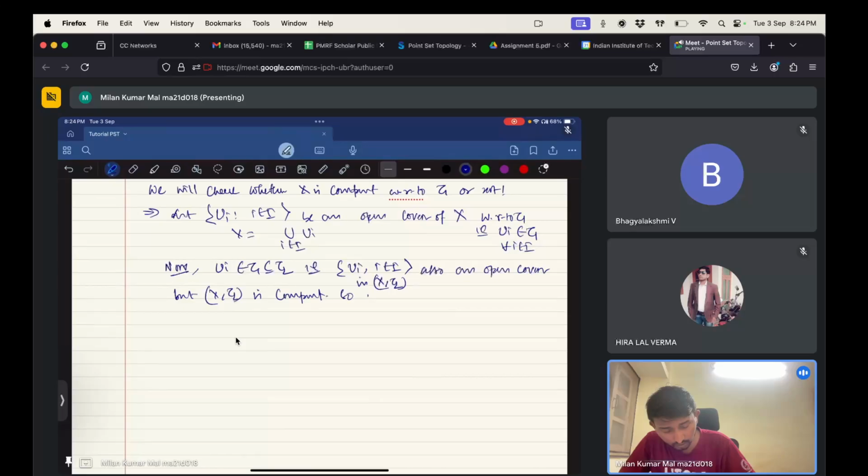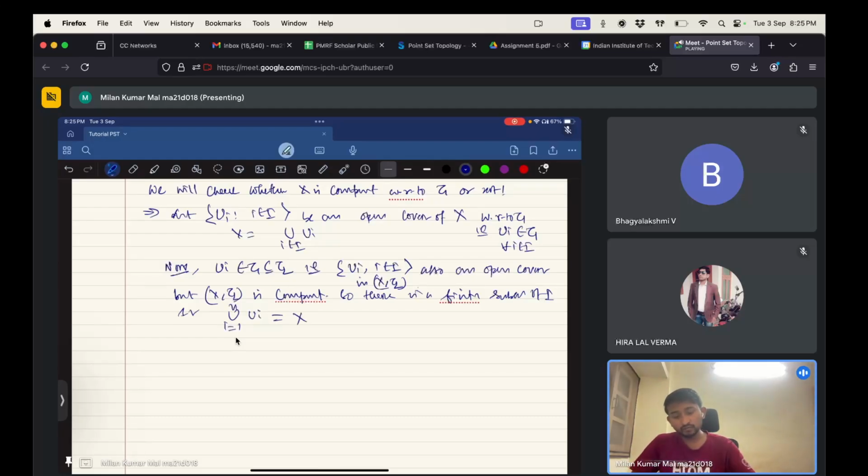So there is a finite subset of I such that the union of U_i for i equals 1 to n equals X, right?